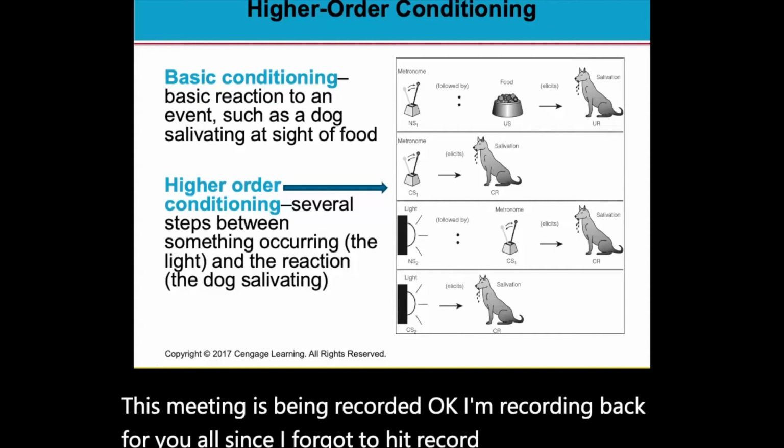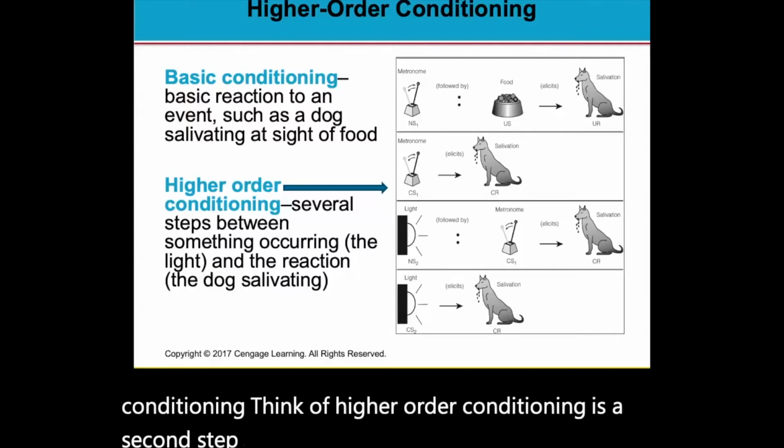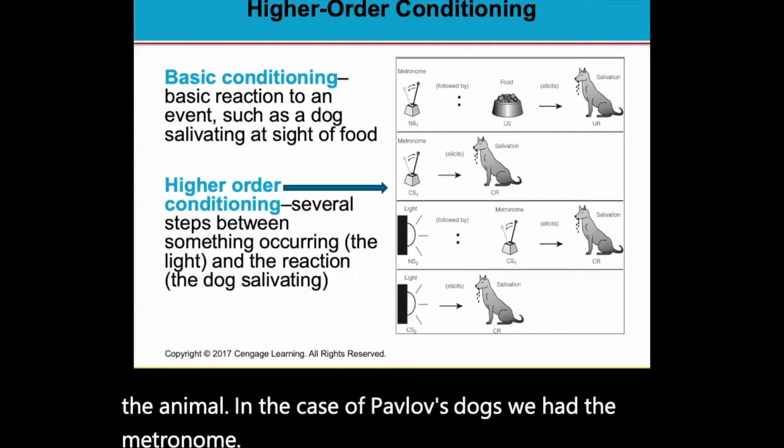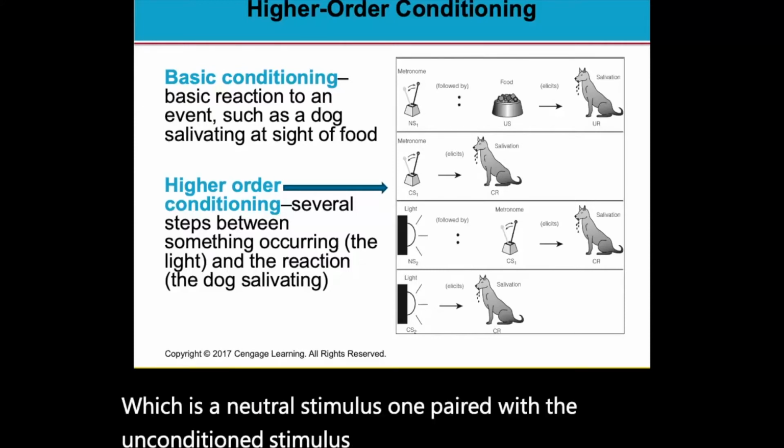Think of higher order conditioning as a second step of conditioning after you initially condition the animal. In the case of Pavlov's dogs, we had the metronome, which is neutral stimulus one, paired with the unconditioned stimulus, which caused the unconditioned response.